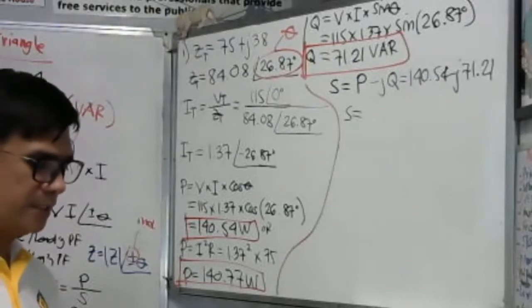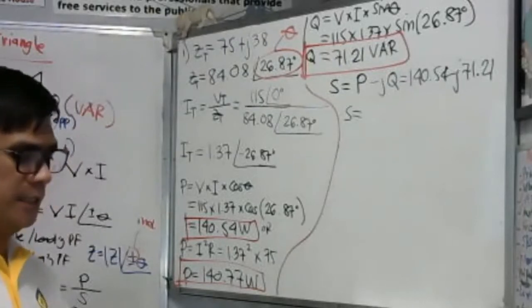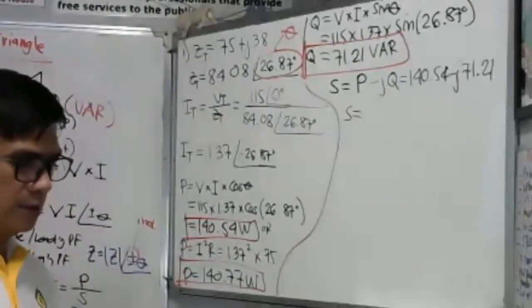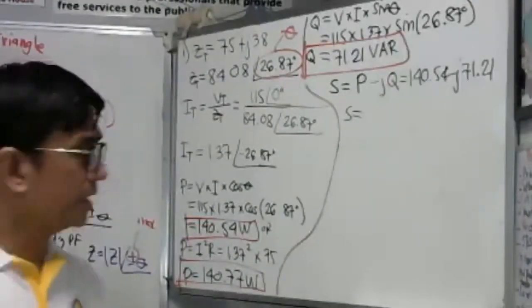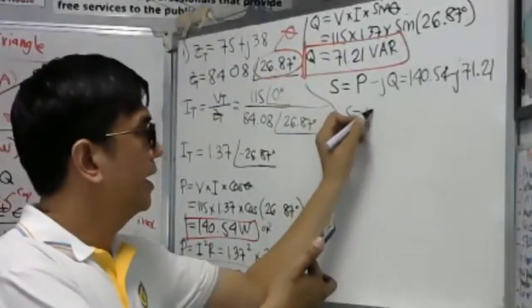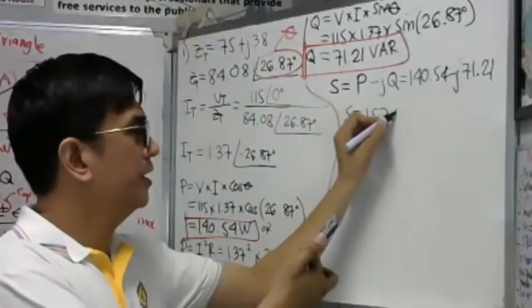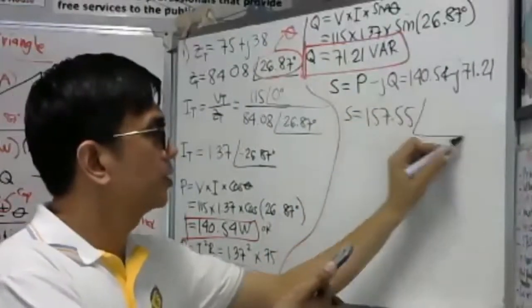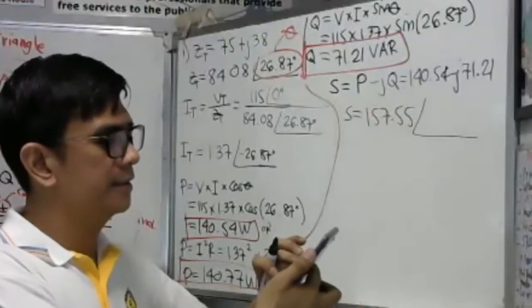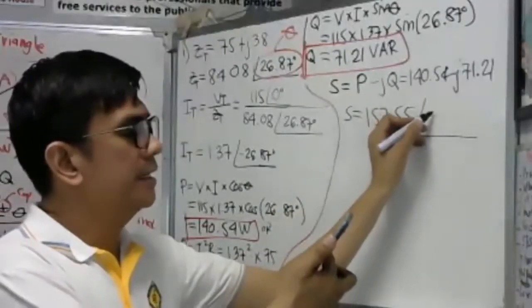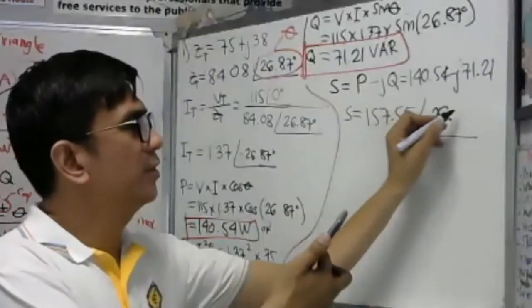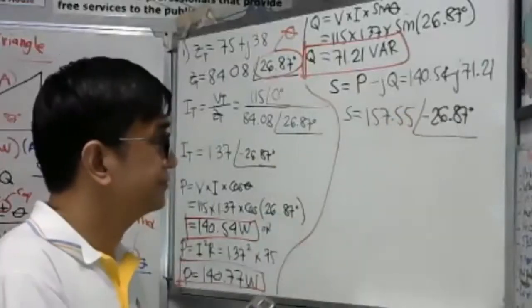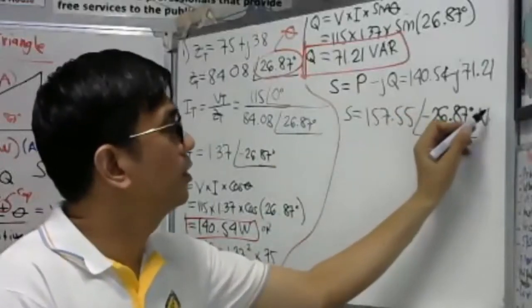Put a negative sign here. Then equals. So our answer, 157.55 volt ampere, angle negative 26.87.